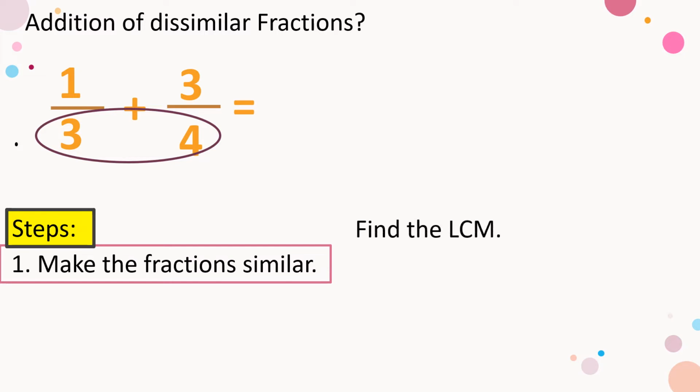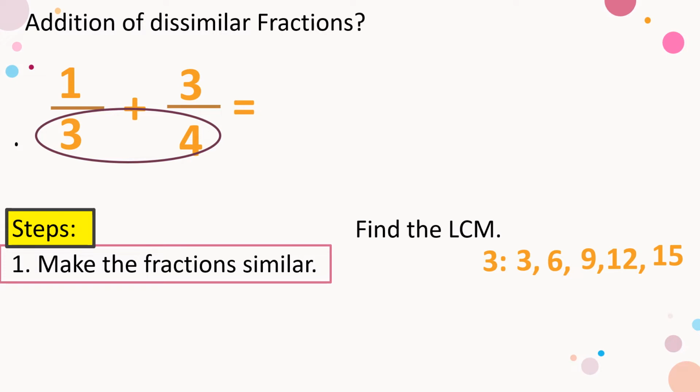To do this, find the LCM of 3 and 4, because that LCM will be the least common denominator also. LCM means the least common multiple. Finding the LCM is simply skip counting by 3, or multiples of 3: 3, 6, 9, 12, 15.